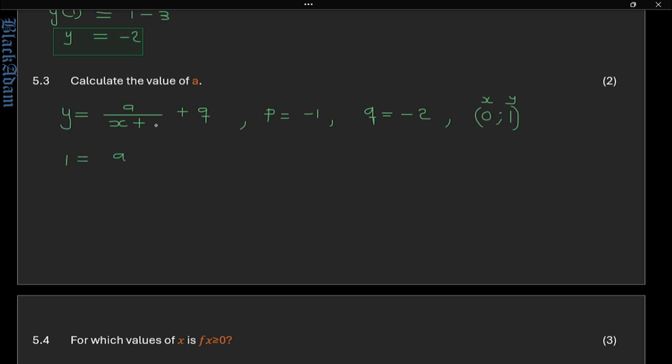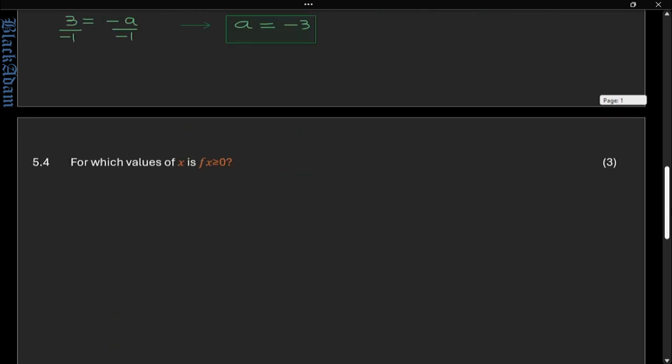So y is a over x plus p, so that's x is 0 minus 1, and then minus 2, so 1 is equal to -a minus 2. Solving, 1 plus 2 is equal to -a. So 3 is equal to -a. Divide by -1 on both sides, so a is equal to -3.